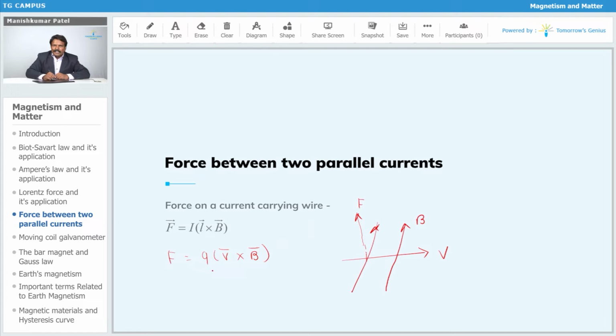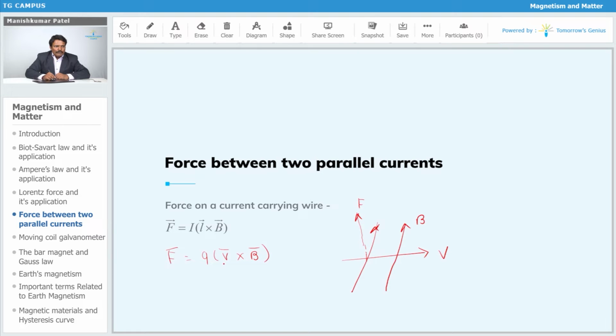Obviously Q is the charge, V is the velocity with which it is flowing, B is the external magnetic field, and since this is a cross product of V and B, your force is also perpendicular to the plane which consists of your V and B. So that's why you can show over here, you can see this is V and B. Just assume that it is in the XY plane and this force is acting along the Z axis.